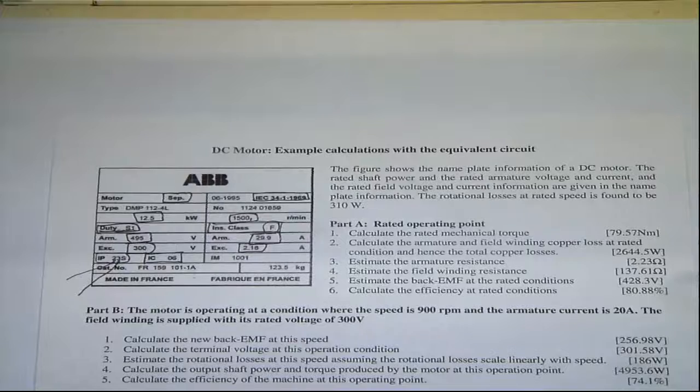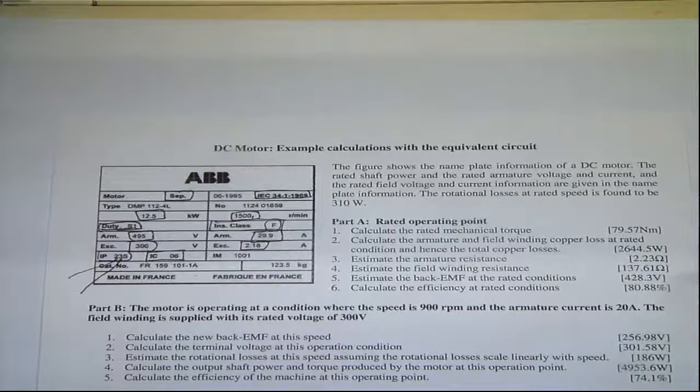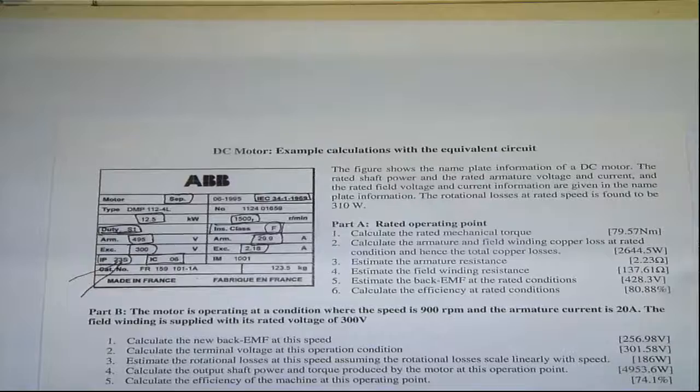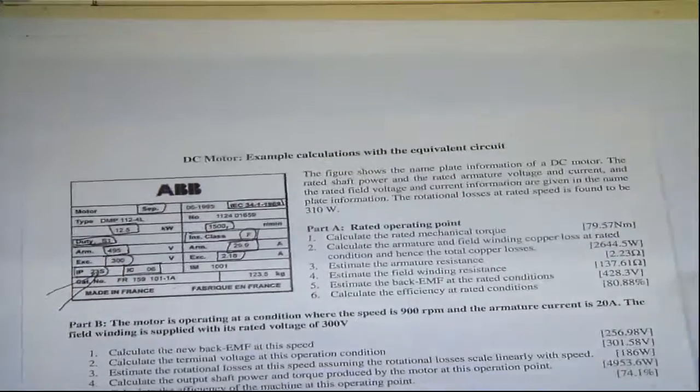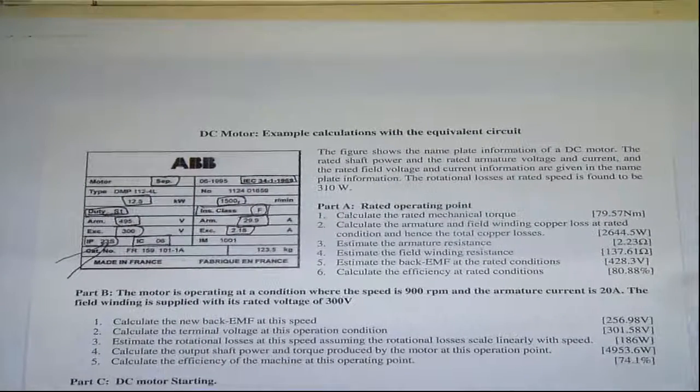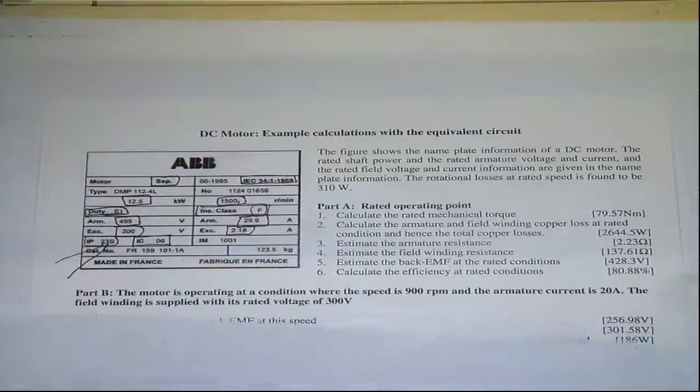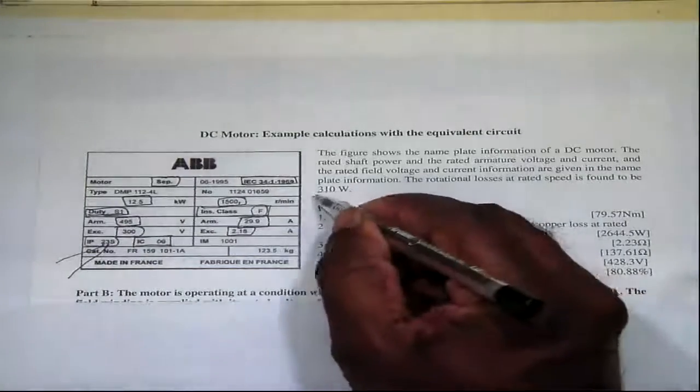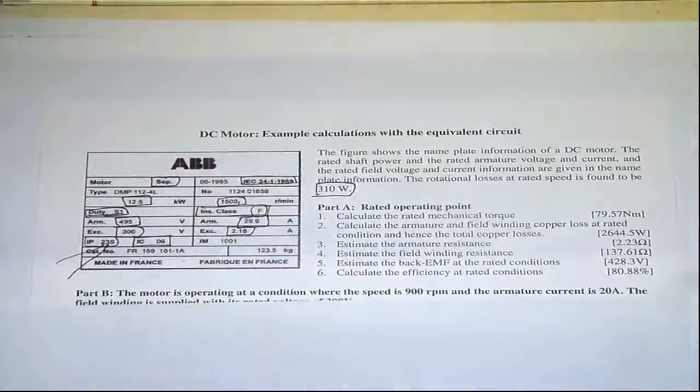That's not given, and it depends on how the rotational losses might change with time as well. To determine that, you have to do certain tests like no load power consumption. That will give you the sum of copper losses as well as rotational losses. So that has to be determined. It's not part of the data sheet or the nameplate rating.